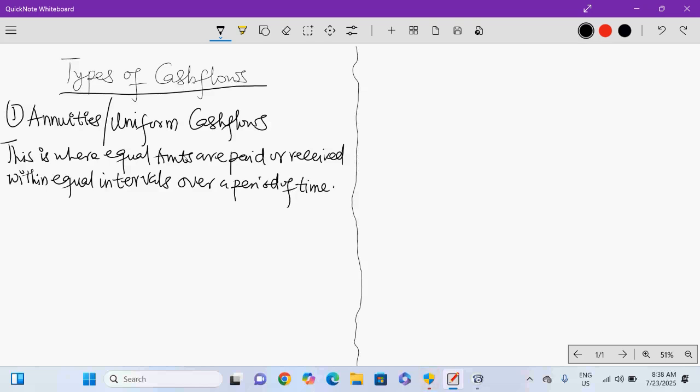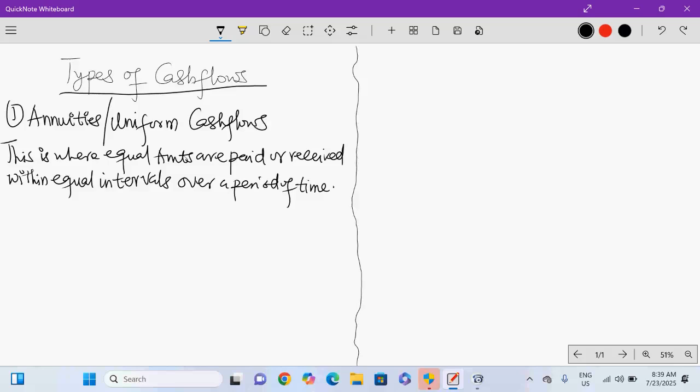So once the amount changes, then it ceases to be a uniform cash flow or annuity. Let's say you have a period of 12 months, and you have been keeping 200 cedis in the first month, 200 cedis, up to the 8th month. Now in the ninth month, you saved 300 cedis instead of 200 cedis.